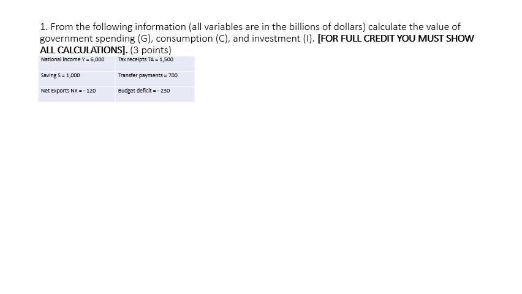All of this is in billions of dollars. The negative 120 means that the economy is undergoing a trade deficit, imports greater than exports. Tax receipts 1,500, transfer payments 700, and the budget deficit is negative $230 billion.